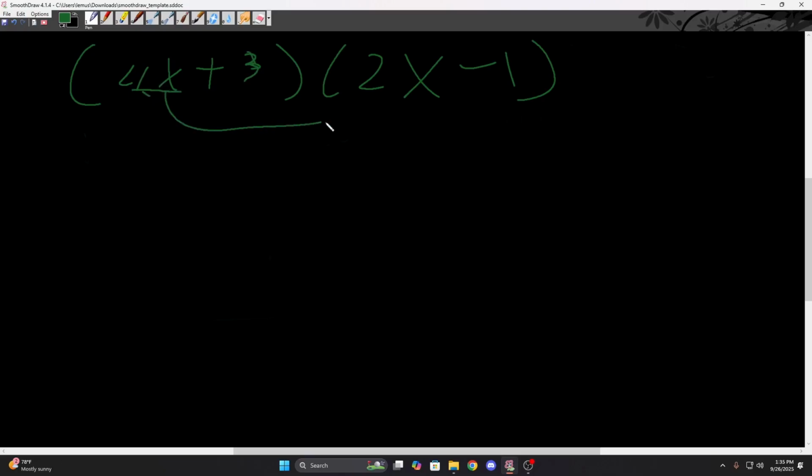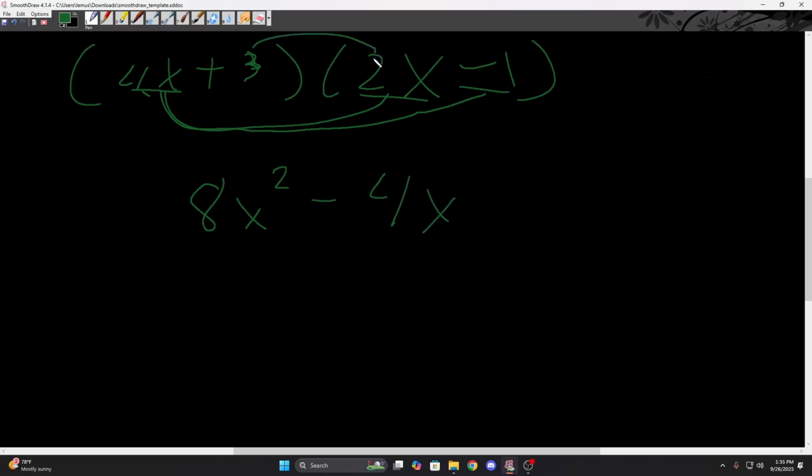So 4x times 2x, right? That's 8x squared. And then you also have to do 4x times negative 1. That's negative 4x. Now then you do 3 times 2x, which is 6x. Then you do 3 times negative 1, which is minus 3.